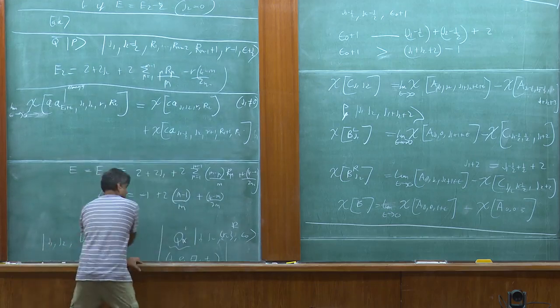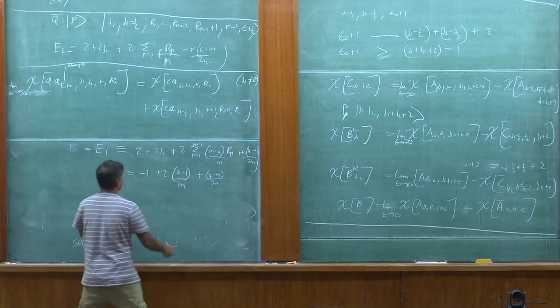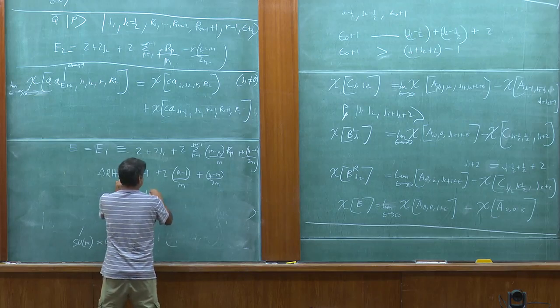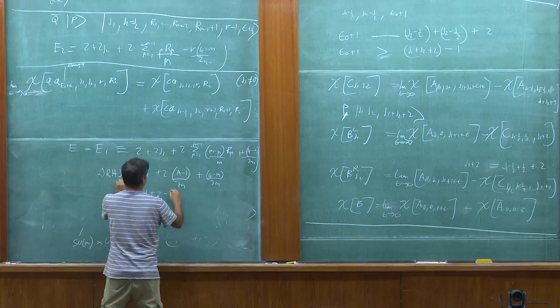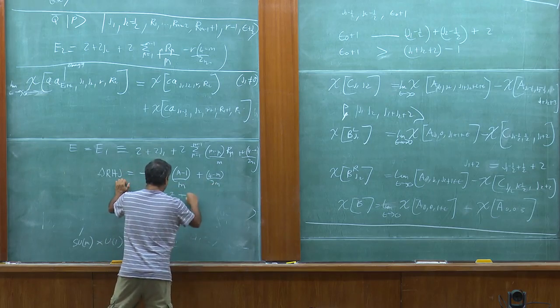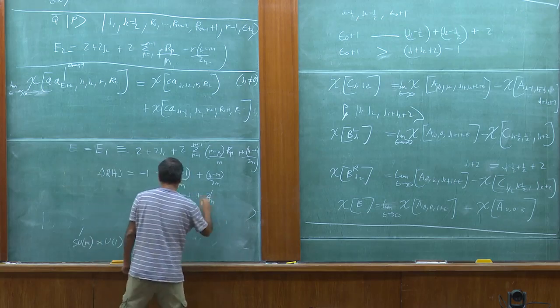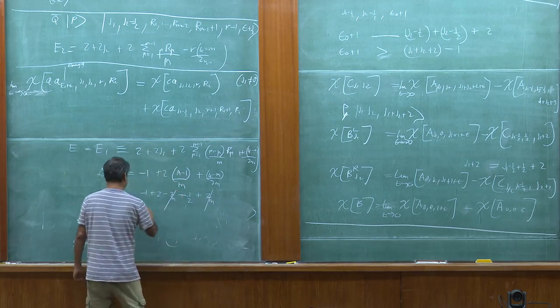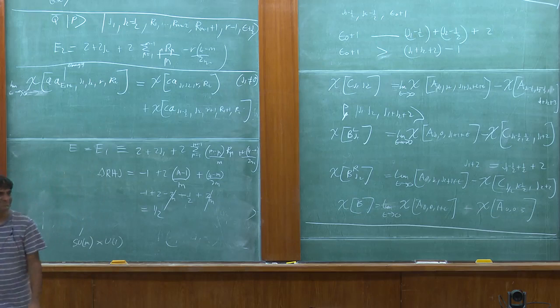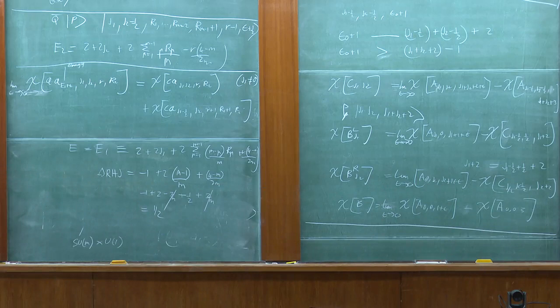So delta of RHS is minus 1 plus 2 minus 2 by M minus half plus 2 by M. The RHS has changed by half, but the LHS has also changed by half. So this null state remains C-type.